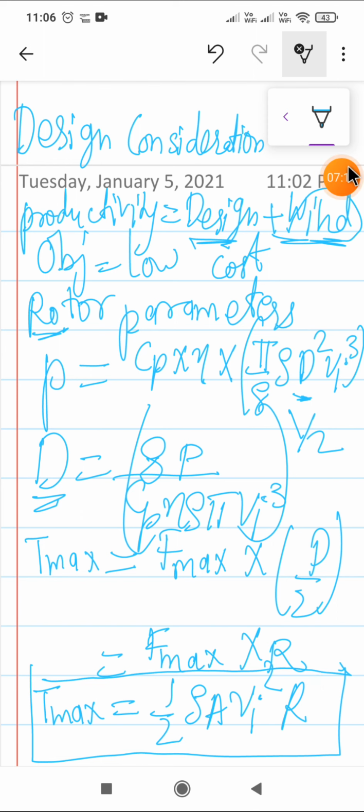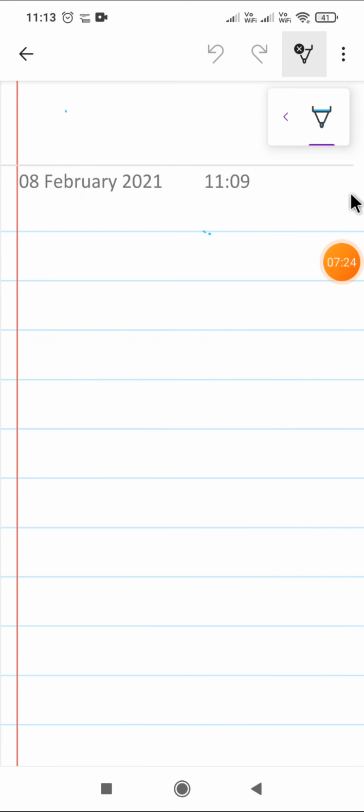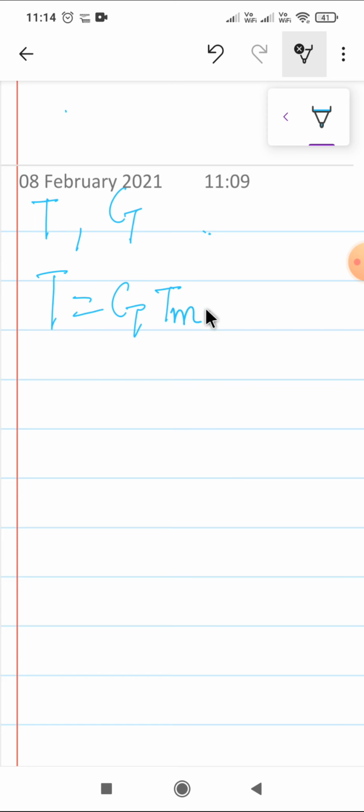Now, for a wind turbine producing a shaft torque T, the torque coefficient Ct can be defined as T is equal to Ct into T max, that is maximum torque into Ct.